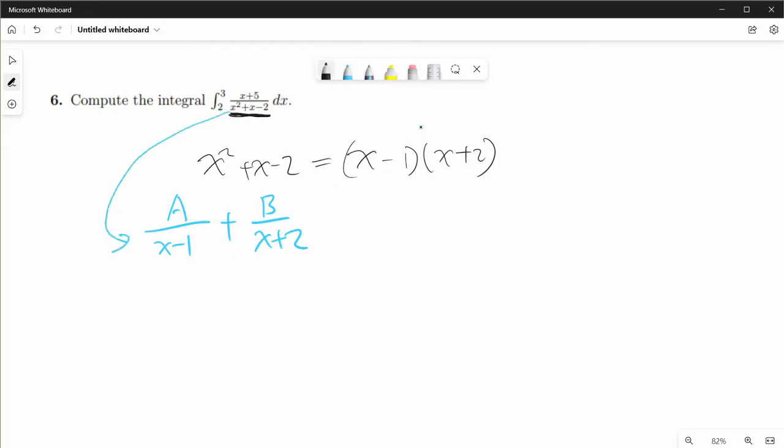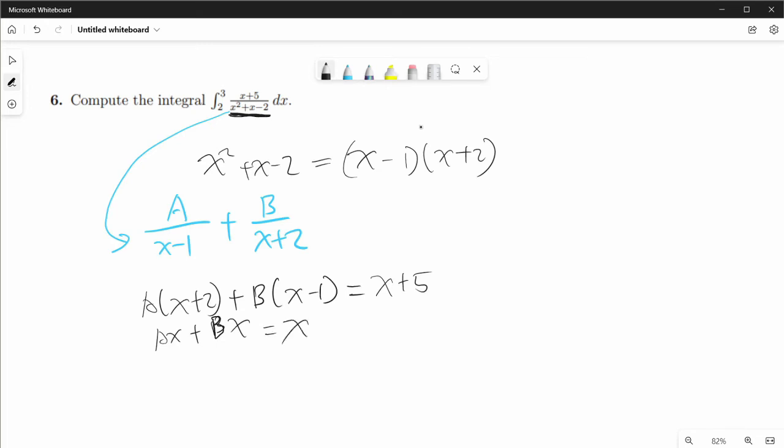And then I'm just going to cross multiply in the sense of getting back to the original fraction: A times x plus 2 plus B times x minus 1 will equal x plus 5. Right, so we have Ax plus Bx. All the terms of x to the first power equal just x, right?